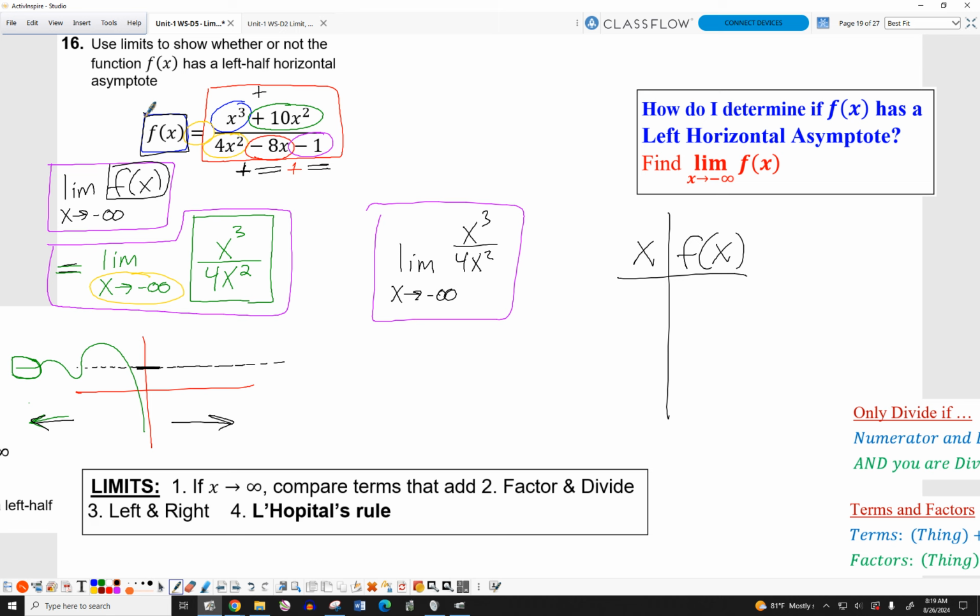They say left horizontal asymptote. Now you say, oh, they don't really want me finding out what's happening with any x. They want me to discover what happens when x becomes increasingly negative. That's simply what it means, and that's the analysis you're going to perform.